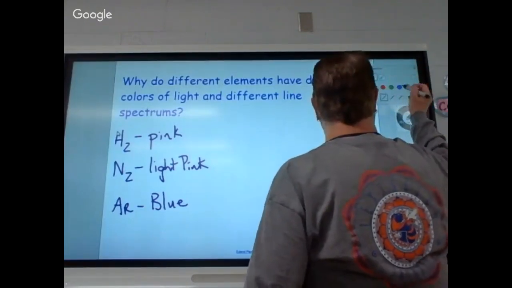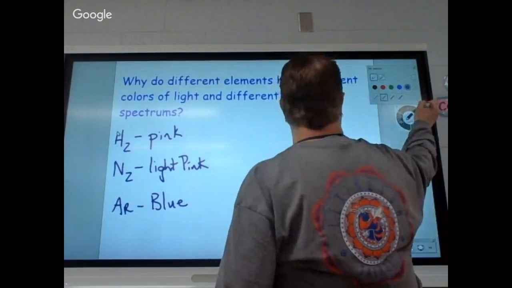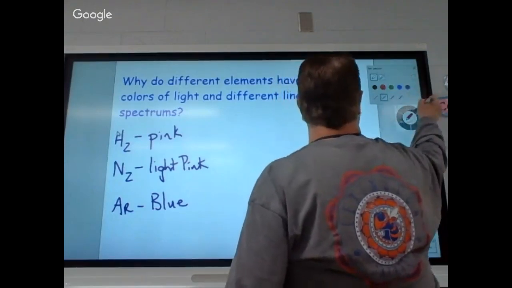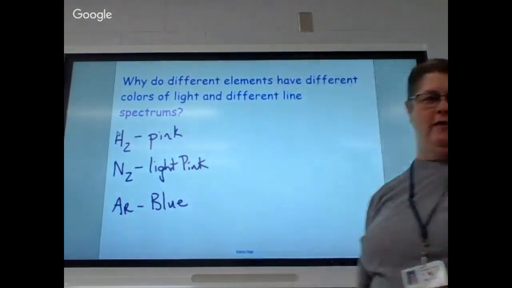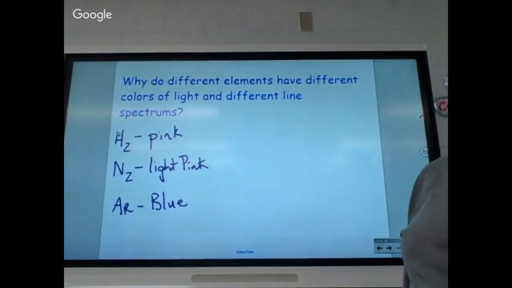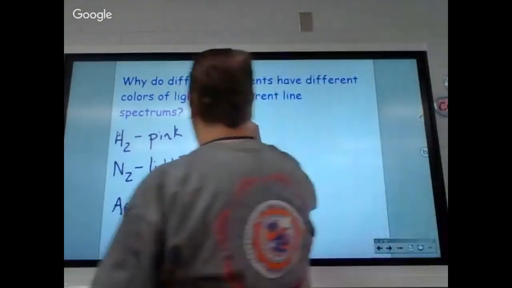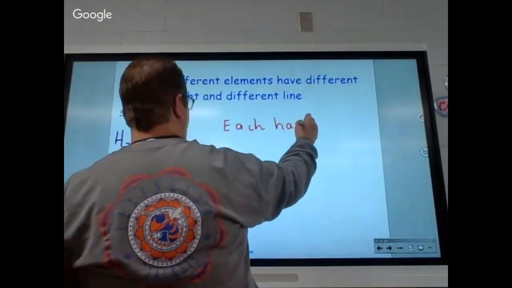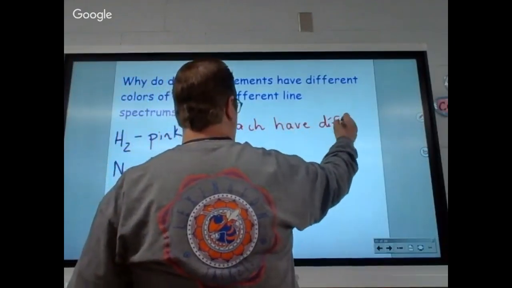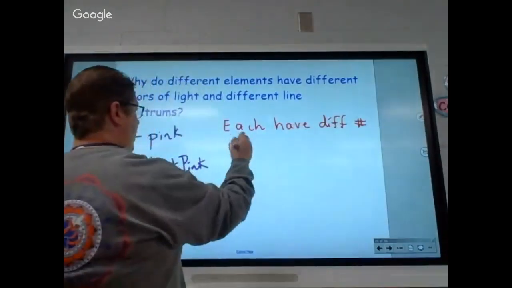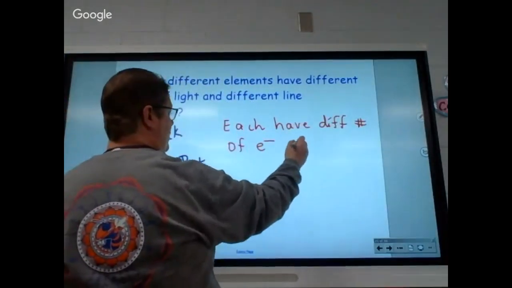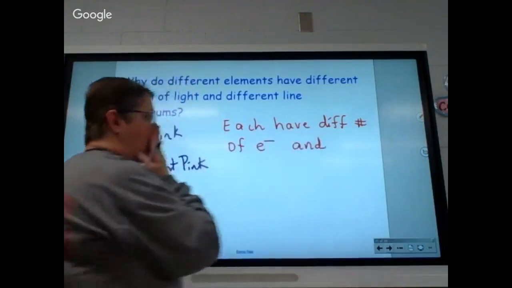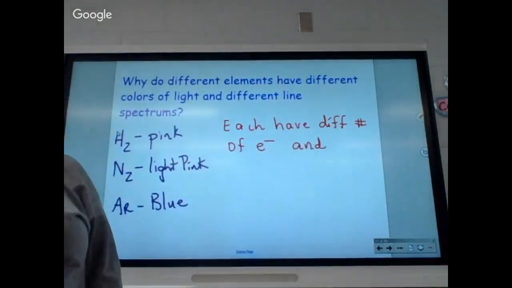All right, so they're different gases. But why would they have different colors just because they're different gases? They had different wavelengths. They had different numbers of electrons. Each has different numbers of electrons. What about the electrons?